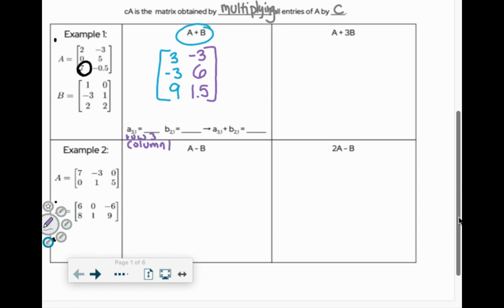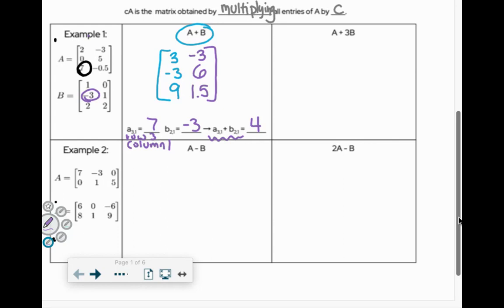That's 7. B2,1 is row 2, column 1, which would be right here, -3. So if I wanted to add together A3,1 and B2,1, I'm adding together those two numbers, which is 4. This isn't what you would normally do, but it can ask you in the directions to add any entries in the matrices together.